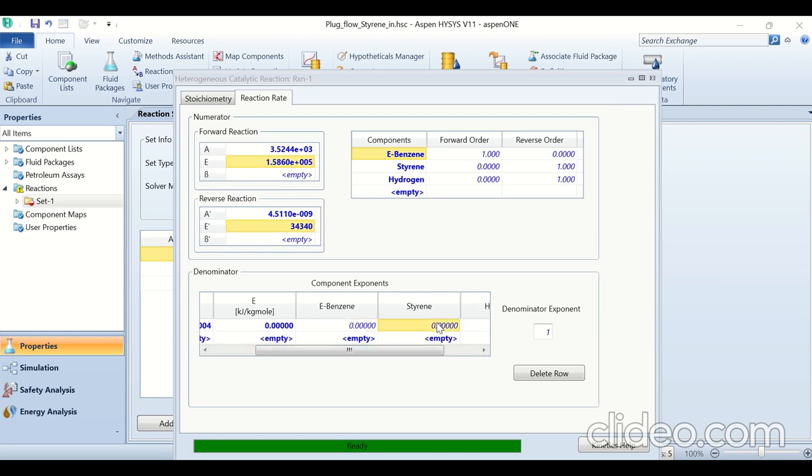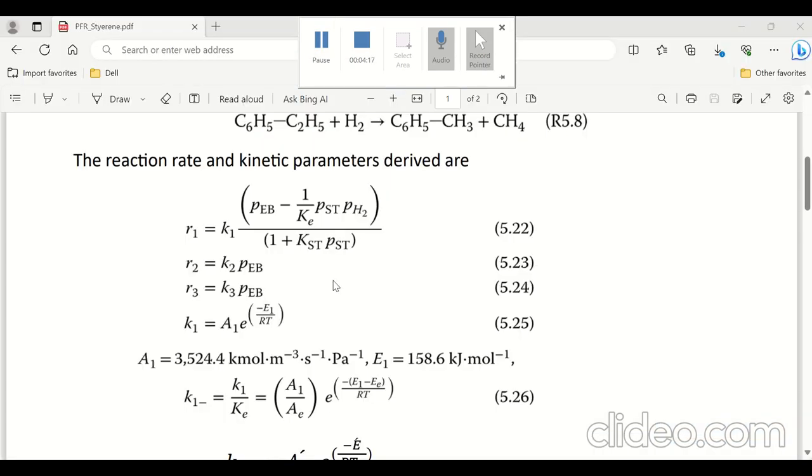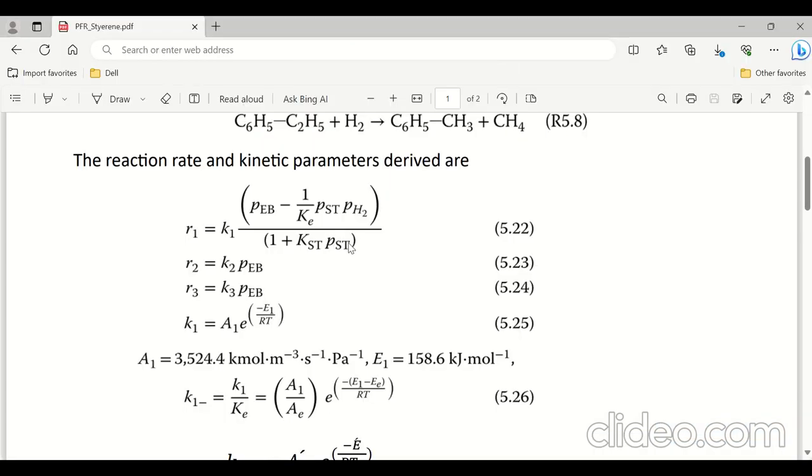In the denominator we only have the partial pressure of styrene, so just put 1 here because it is PST, the partial pressure of the styrene. Here it is given as PST power 1, so the exponent is 1. We don't have hydrogen or ethylbenzene, so we put the exponents of those components as 0.